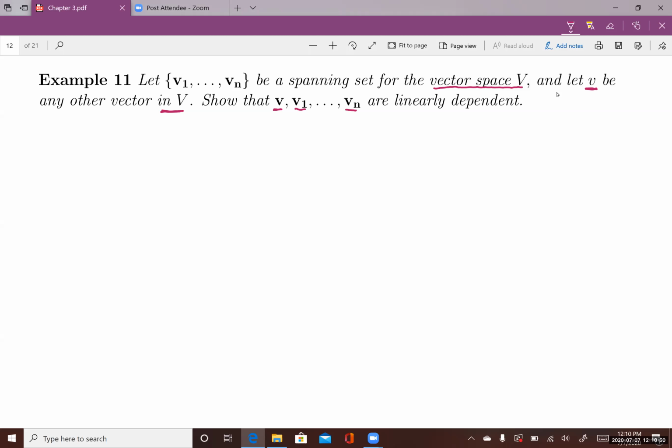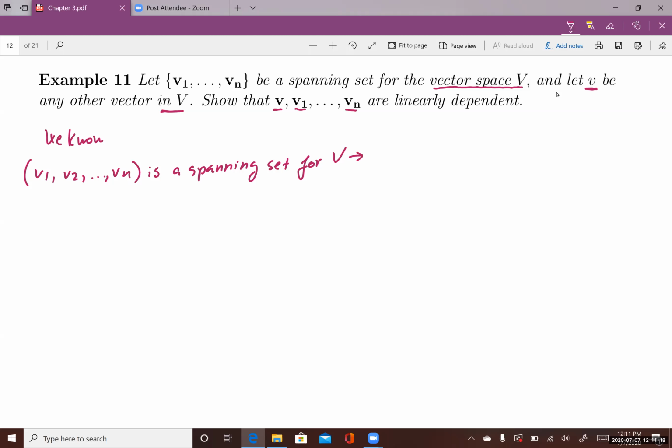Let's look at all the conditions that we have, all that we know. We know that the set v1, v2 to vn is a spanning set for the vector space V. What does it mean?